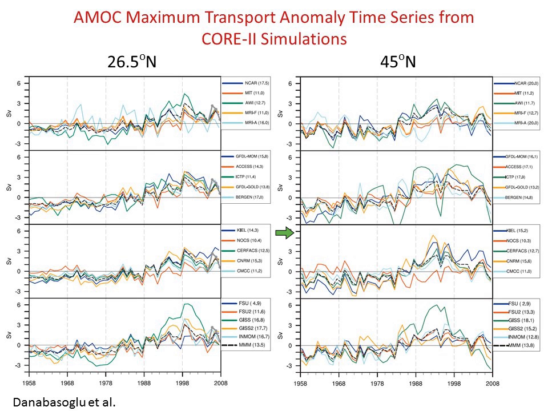This is an example from 20 or so models, of course, with the interannually varying atmospheric data sets. That's coming from the Coordinated Ocean-ice Reference Experiments. And it is showing AMOC time series as anomalies from the means given here from 26.5 degrees north. That's the RAPID site, which is given here by the gray line, the RAPID time series. It's rather short here. And this is at 45 degrees.